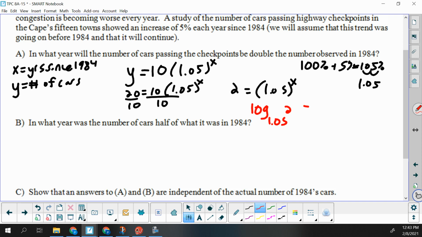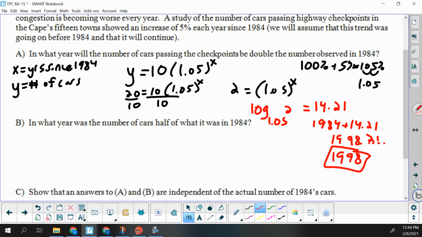On the inside, we would have 2. When we sub that in, we end up getting 14.21. So if we take 1984 and add on 14.21, that's going to give us 1998 and change. Okay, so 1998.21. So the year during which that would occur was sometime during 1998, so 0.2-ish into the year.